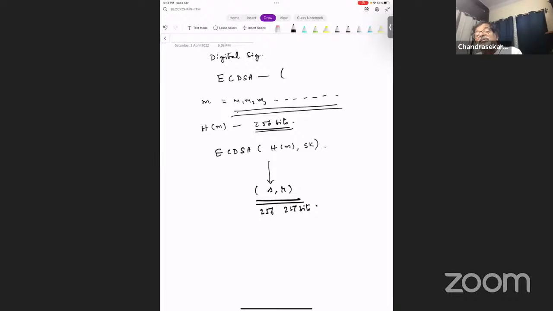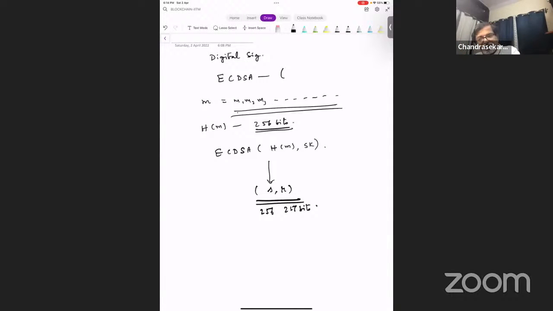This elliptic curve digital signature algorithm is also open. Source code is available. You can download it and take any message, simply type some text, and the hash of that will be fed as an input to this. In fact, that computation can also be automated because it is a fixed hash function.